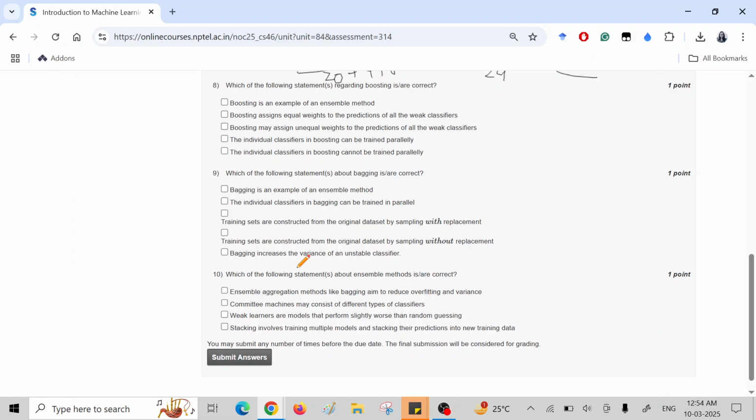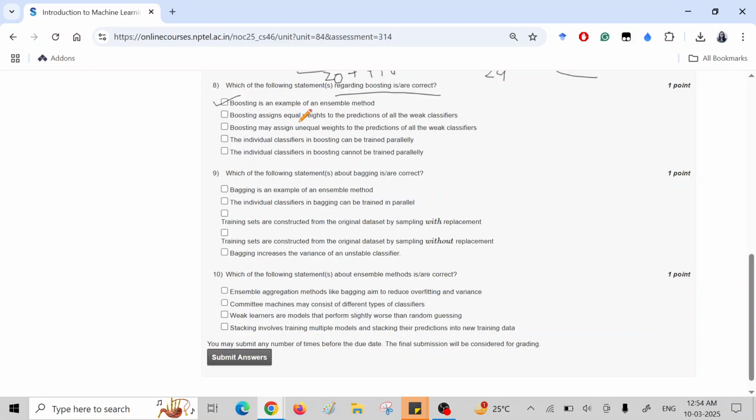Then what about question number 8? Which of the following statements regarding boosting is/are correct? Boosting is an example of an ensemble method. Yes, correct. Boosting assigns equal weights to the predictions of all the weak classifiers. No, this is not correct.